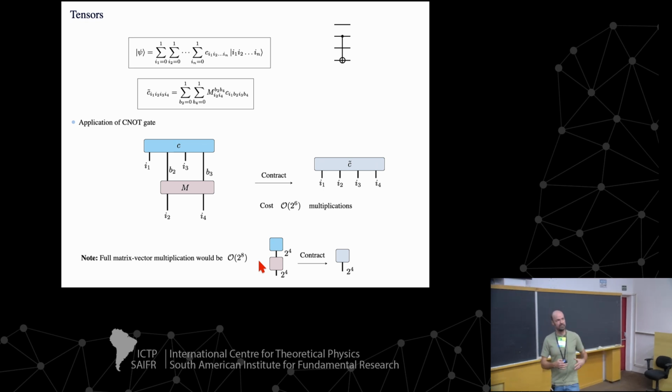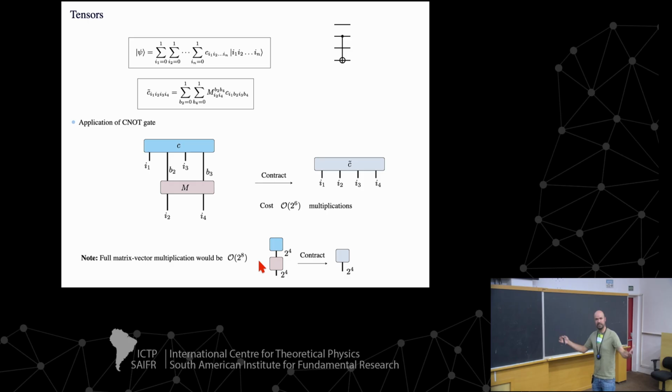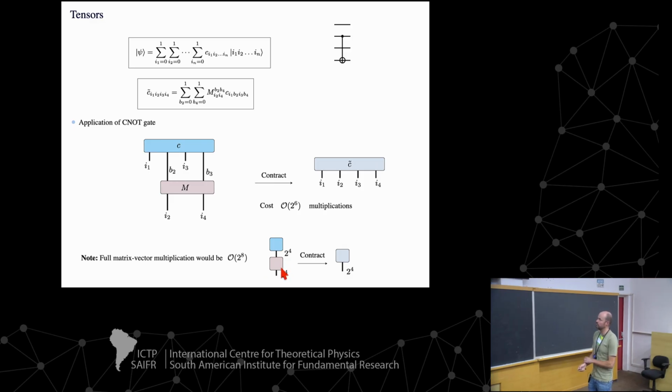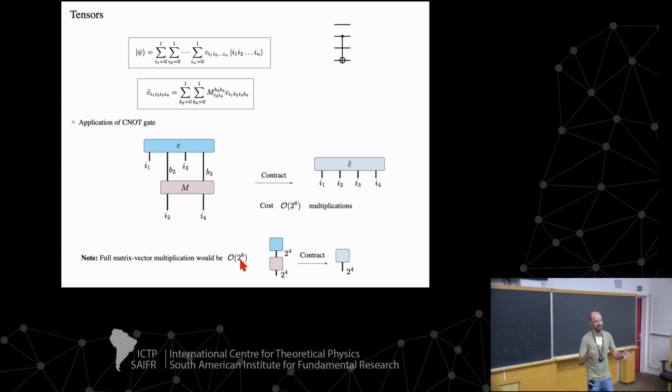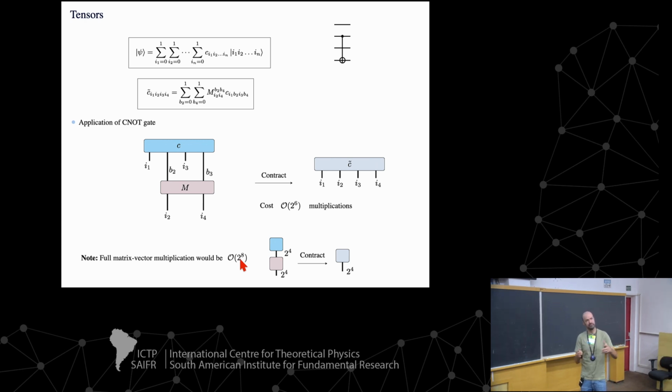My full C0 matrix in the full Hilbert space would not be a 4x4 matrix, but a 16x16 matrix. So if I really contract this gate, which is this matrix, to a state vector, I have a 2 to the 4 dimension here, 2 to the 4 dimension here, and I have to contract this. So this is going to cost me 2 to the 8 multiplications if I do it that way. Of course, I use sparse matrices, and they are smart enough to save some time, but still fundamentally, this is the number of operations that I need technically.